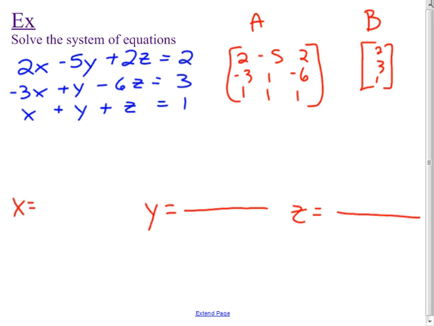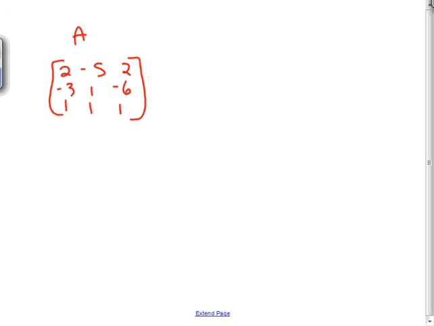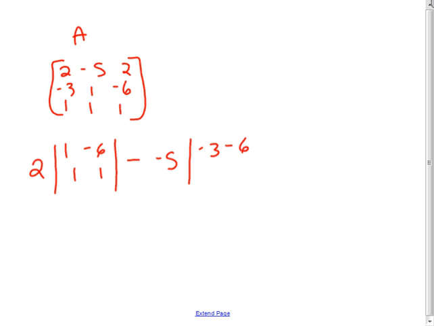The bottom of all of these is the determinant of A. So I need to take that A matrix and find the determinant of it. So it's 2 times the determinant of 1, negative 6, 1, 1, minus negative 5 times the determinant of negative 3, negative 6, 1, 1, plus 2 times the determinant of negative 3, 1, 1, 1.